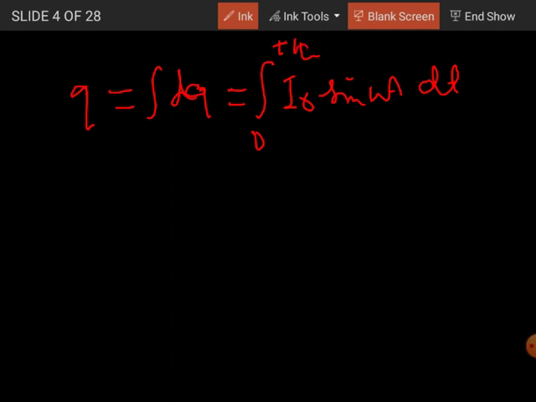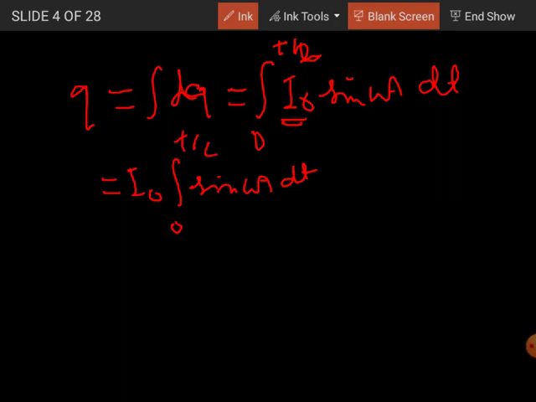Got it? This is T by 2, right? Now this peak or maximum value is always constant, so you take this constant outside the integration, and it will be I naught times the integration of sine of omega t dt from 0 to T by 2, like this.